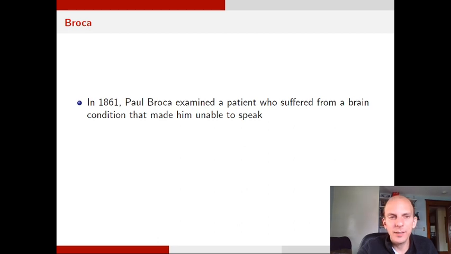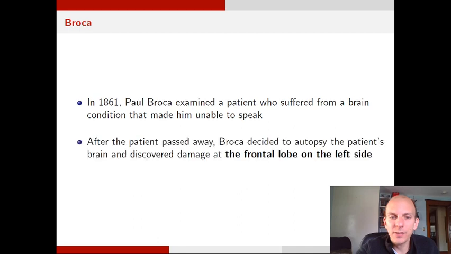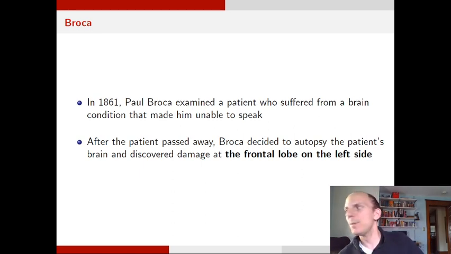In 1861, not too long after Phineas Gage, the scientist Paul Broca was examining a patient who suffered from a brain condition and was unable to speak. After the patient had passed away, they examined the patient's brain via autopsy. We'll investigate what that means a little later on.